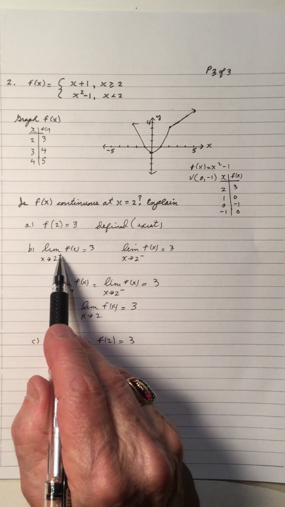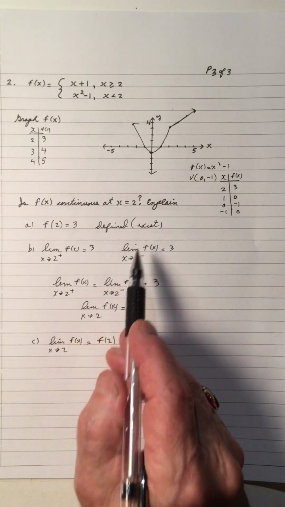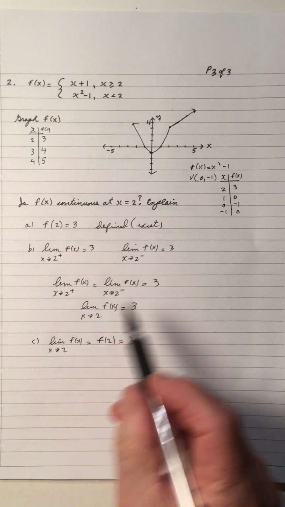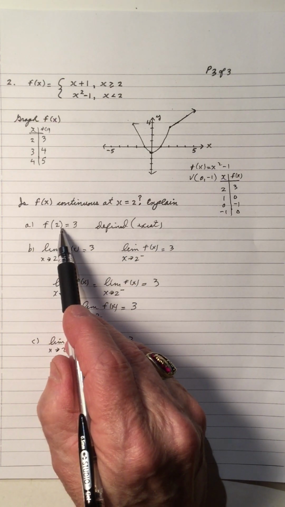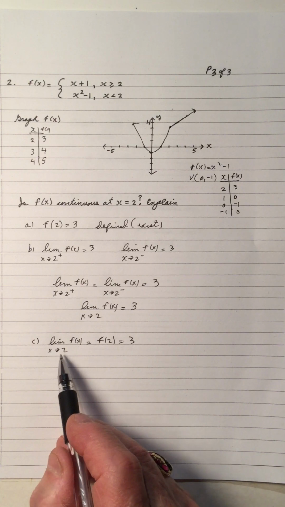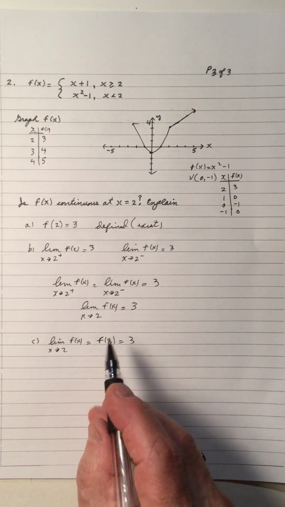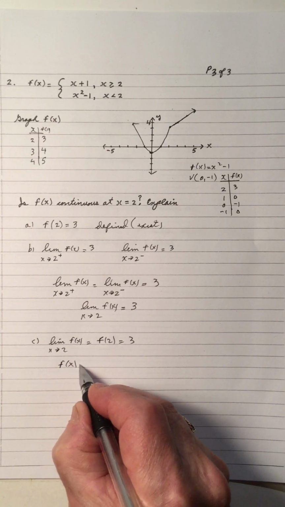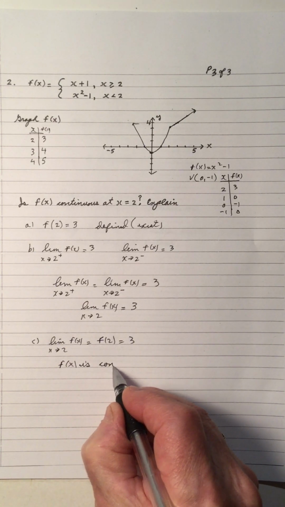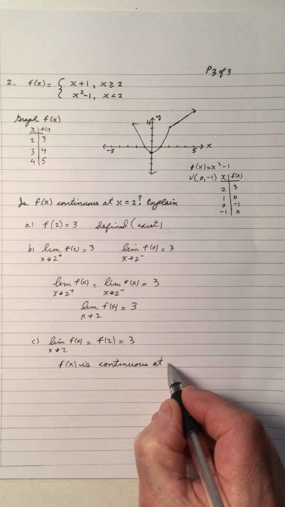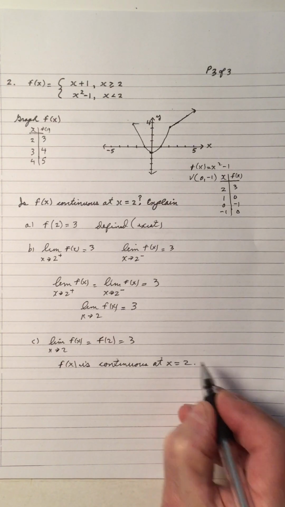The limit to the right and the limit to the left are both the same, equal to 3, so the limit exists at 2. And where it's defined at 2, we get a 3. And where the limit exists at 2, we get a 3. So that means the f of x is continuous at x equals 2.